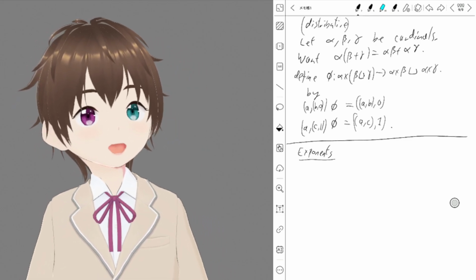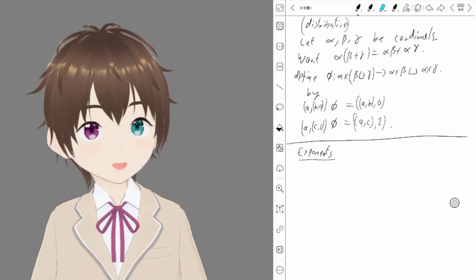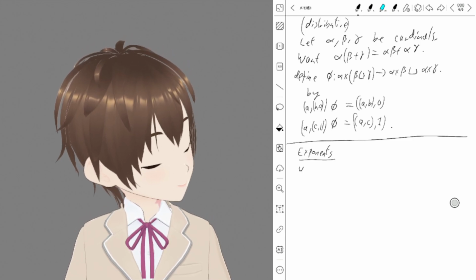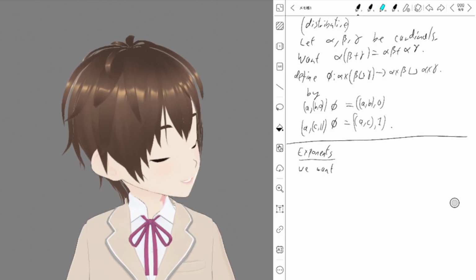So exponents are nice in terms of how you multiply them and how you multiply the powers. So we also want the following two rules.